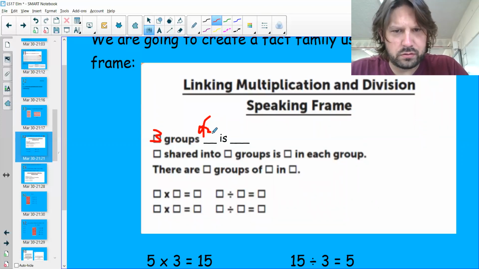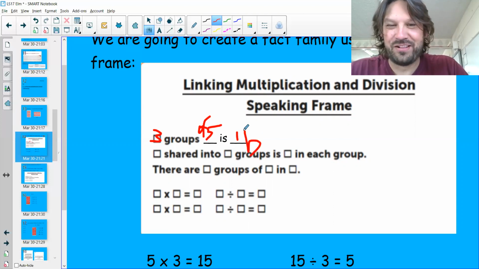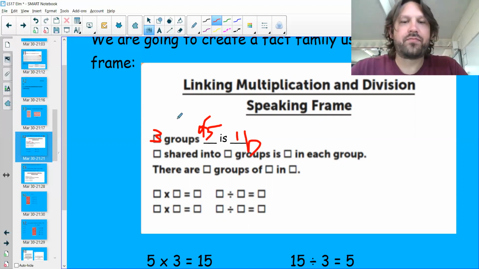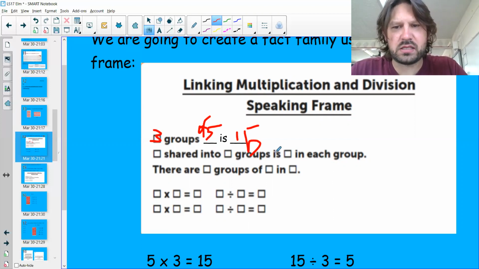So 3 groups of 5 is 15. 15 shared into 3 groups is 5 in each group. There are 3 groups of 5 in 15.